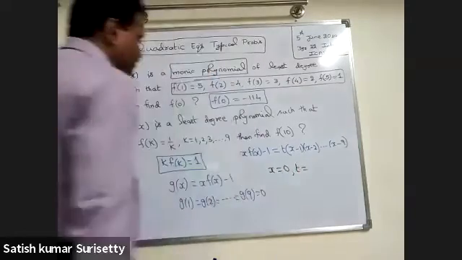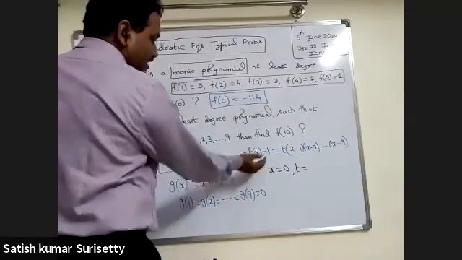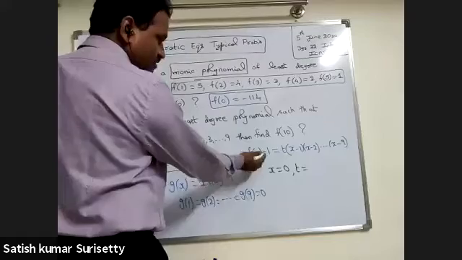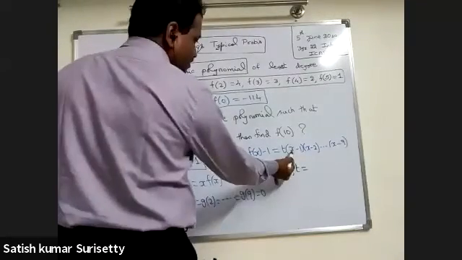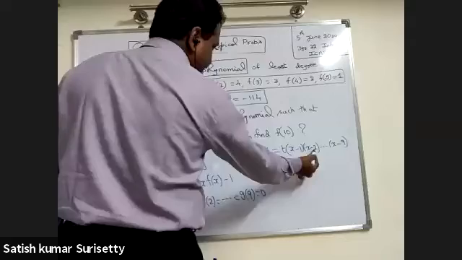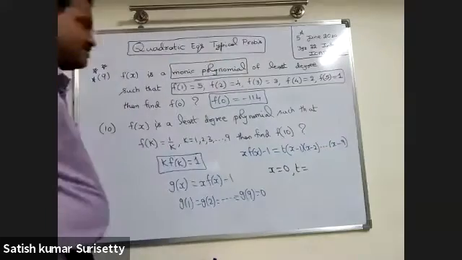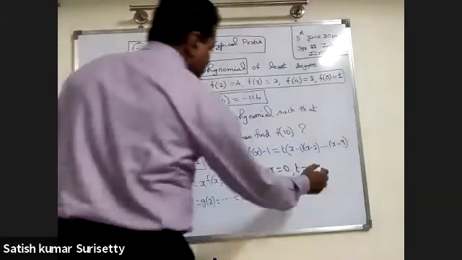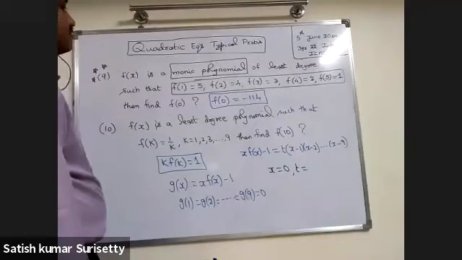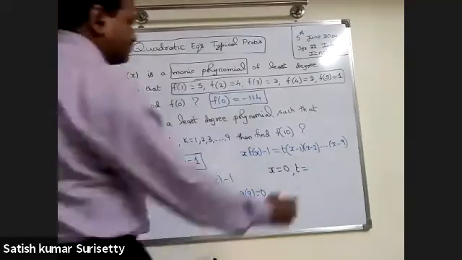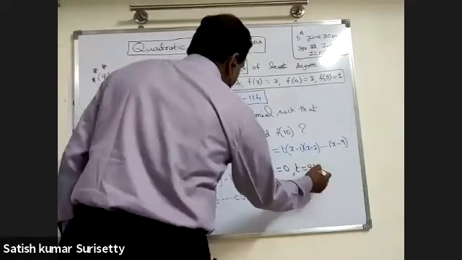When x is 0, the left side you will get as minus 1. Now in the right side, what will you get? Minus 1, minus 2, minus 3 and so on, minus 9. Tell me what the t value will be now? Nine factorial.